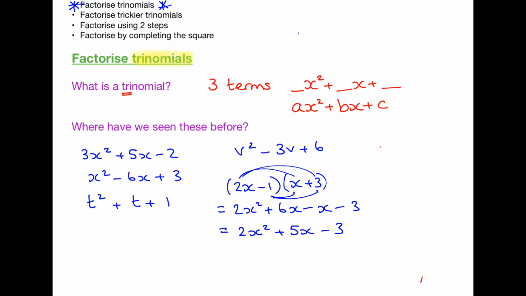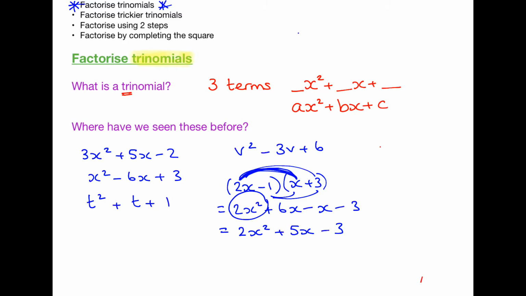Okay, so let's have a think. When we multiplied these 2 brackets out, it was the first 2 things multiplied together, wasn't it? The 2x times the x gave us this first term of 2x squared.